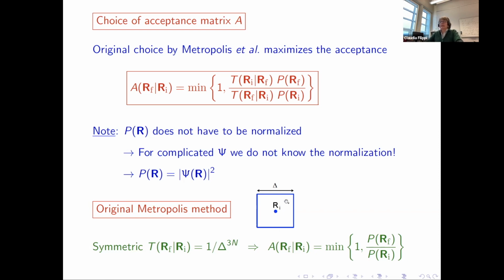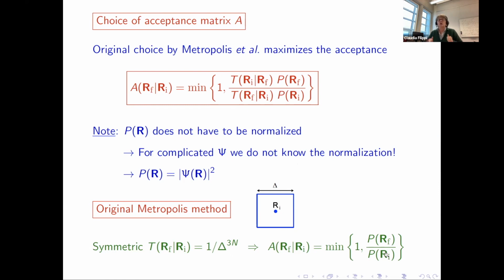Now I move to R_f, and again I draw a box around R_f, which will also contain R_i, and the probability to go back, the transition, will still be 1 over the volume. And so the T will cancel. You can see that the acceptance becomes something quite intuitive: it's the minimum between 1 and P at the final point divided by P at the initial point.